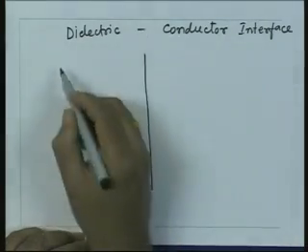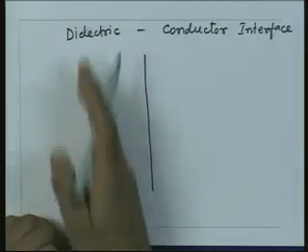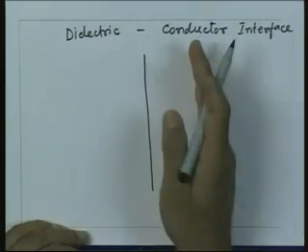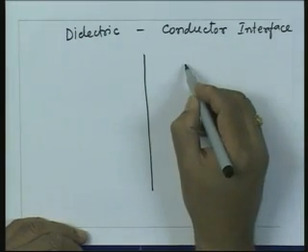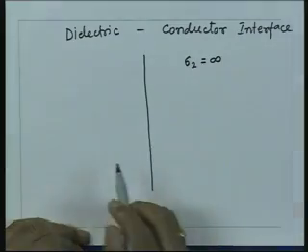So, on this side I have certain dielectric properties, the conductivity on this side may be 0, may not be 0, but on this side the conductivity is infinite. So, I have, since it is conductor, the conductivity sigma 2 is infinity.